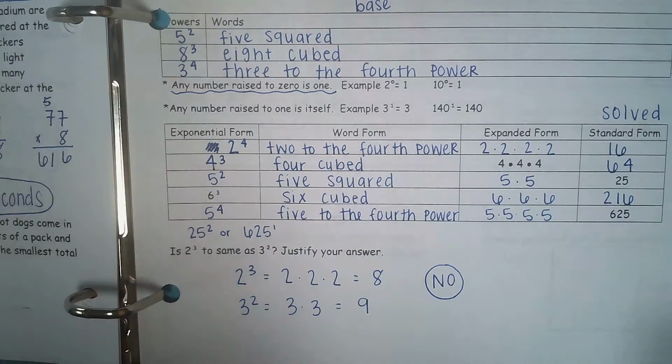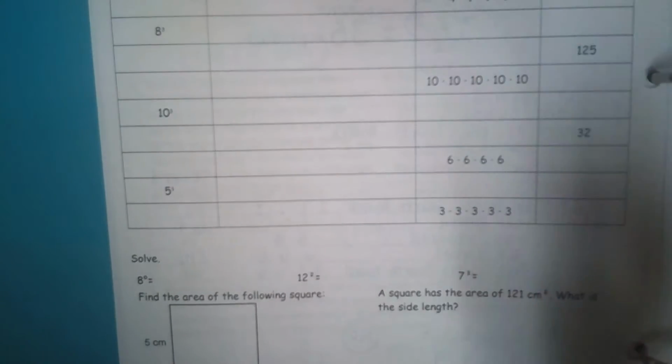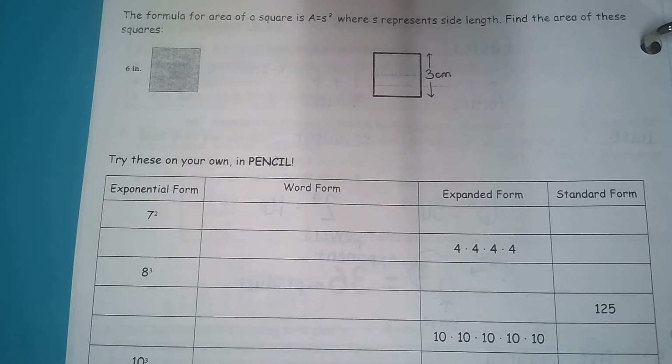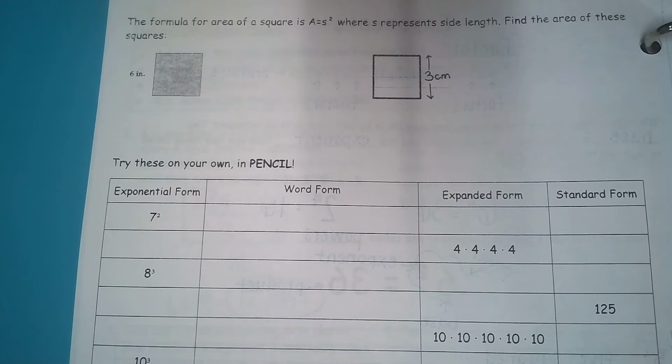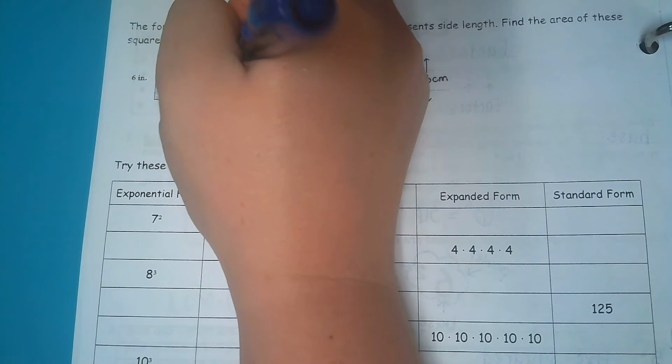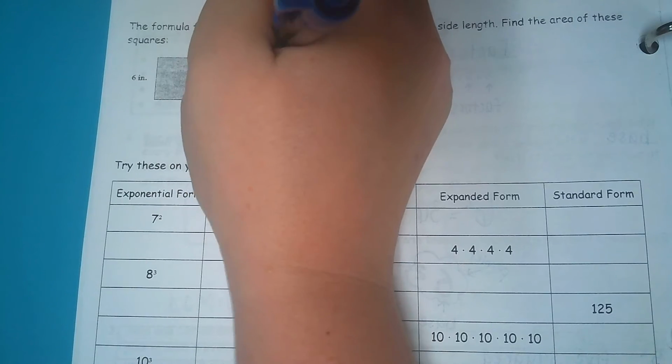All right. Moving to the next page. It says the formula for area of a square is A equals S squared, where S represents the side length. Find the area of these squares. Okay, so we've got A equals S squared.